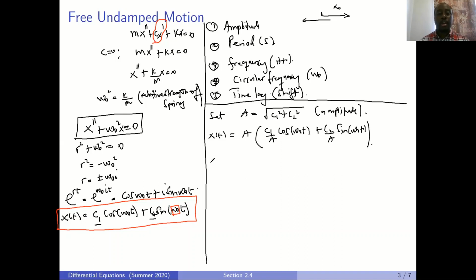Next, we are going to let the cosine of some angle alpha be C1 over A, and the sine of the same angle alpha be C2 over A. So that x of t can now be expressed as A times (cosine of alpha times cosine of W0t plus sine of alpha times sine of W0t), where alpha is some angle between 0 and 2 pi.